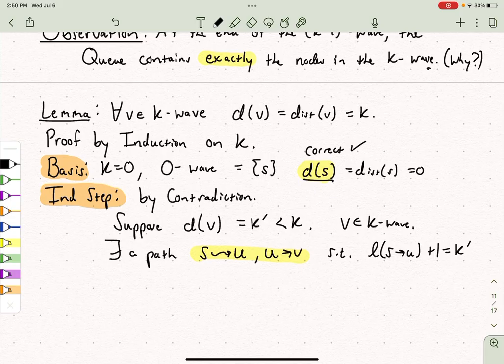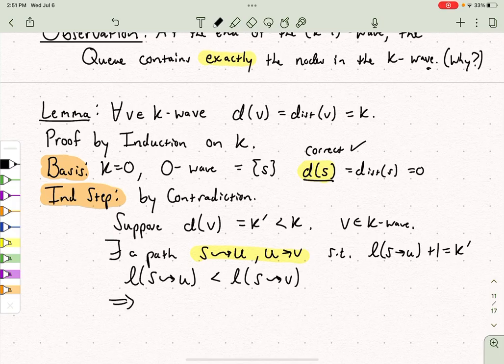We know by the induction hypothesis, since the length of S to u is smaller than the length of S to v, because it's a subpath, that u also satisfies the properties above.